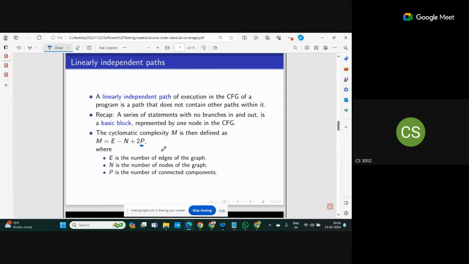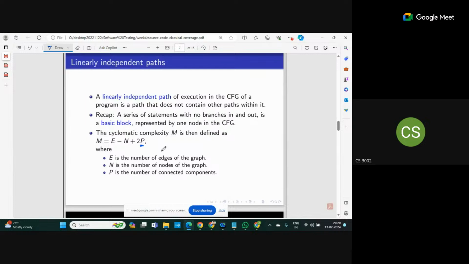Can you repeat? I didn't get it. Like, we can find strongly connected components in DFS. Using that, we can find the number of connected components and the cyclomatic complexity. Okay. Anybody else?